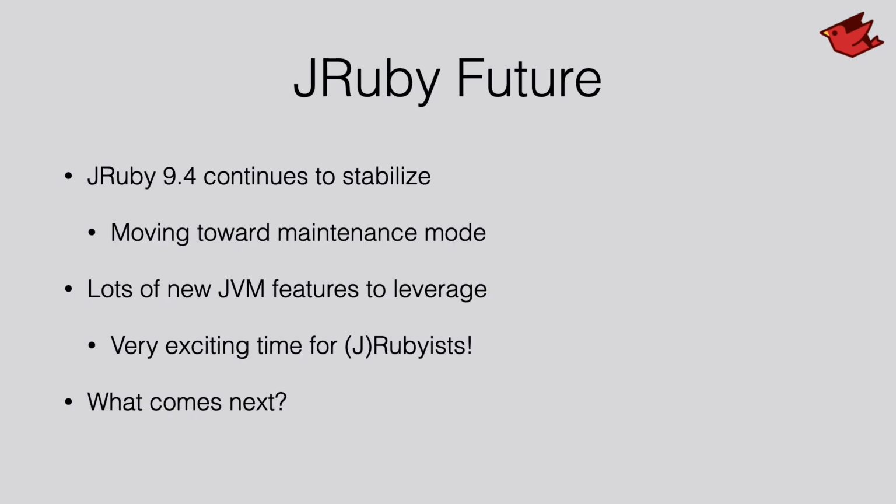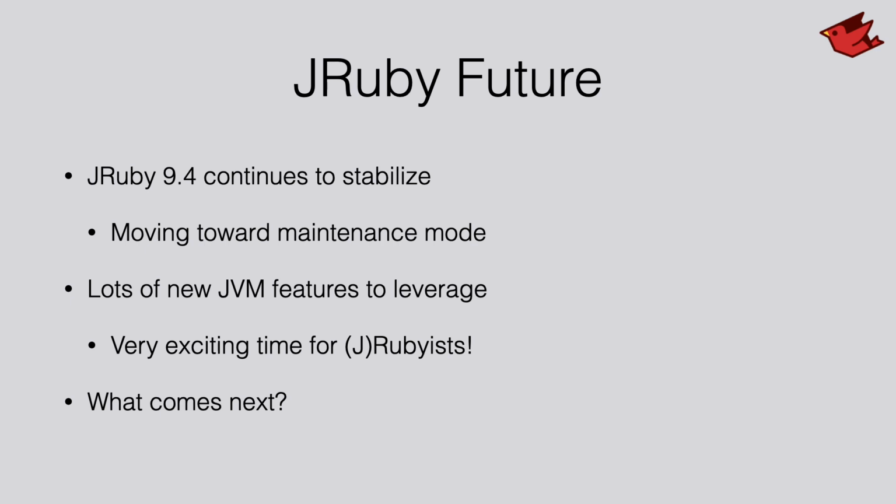All right, so let's talk a little bit about the future of JRuby. JRuby 9.4, as I mentioned, is still the current major release that we have. Continuing to stabilize, continuing to find and fix minor compatibility issues, moving towards more of a maintenance mode at this point. It's very stable, and we strongly recommend that you give it a shot and upgrade if you haven't upgraded your JRuby applications.